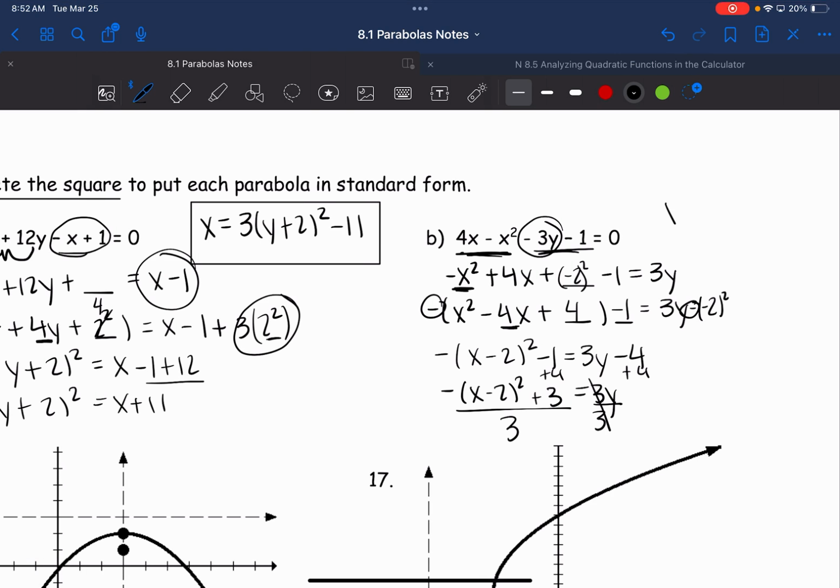So I'd end up with y equals, this first term doesn't have a 3 I can cancel out, so I'm just going to make that dividing by 3 part of my a value. So I'll have a -1/3 in front, x minus 2 quantity squared. But here, 3 divided by 3 would make this just a 1 on the end.